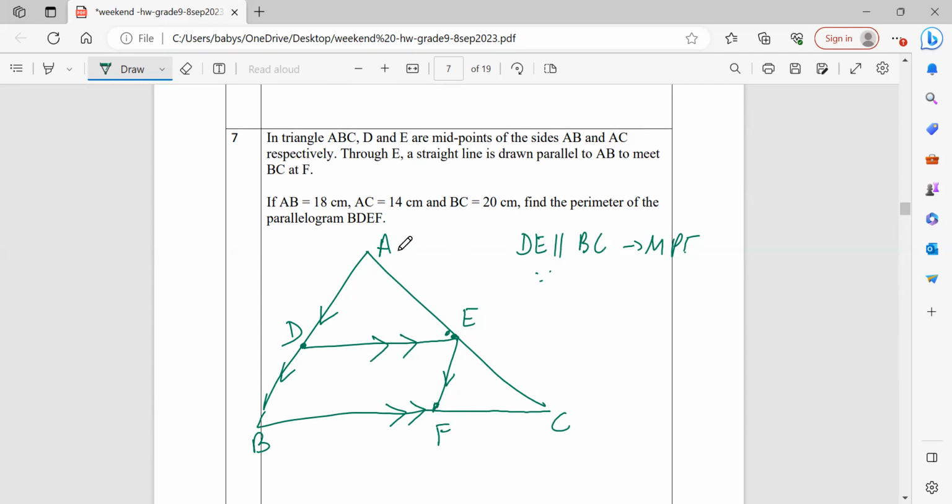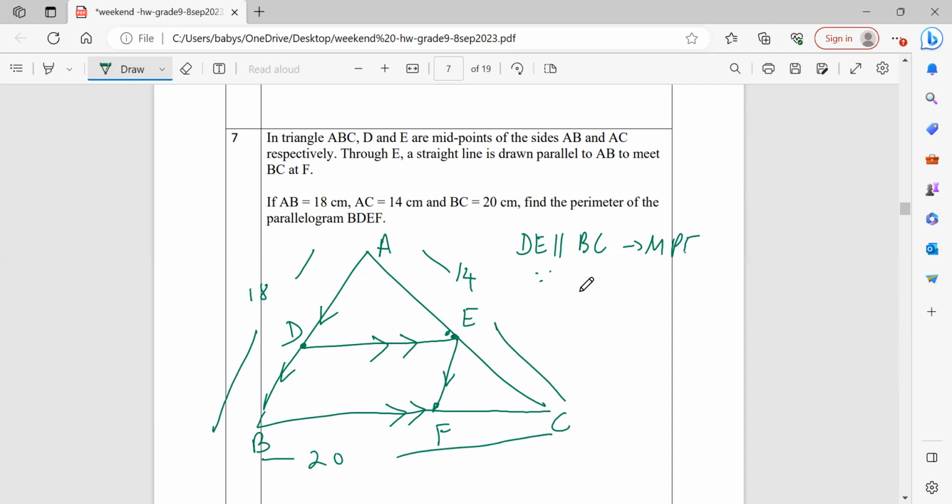If AB is 18, and AC is 14. AC will be how much? 14. BC is 20. BC will be 20. Find the perimeter of the parallelogram BDEF. So in class also I remember doing a few sums like this.